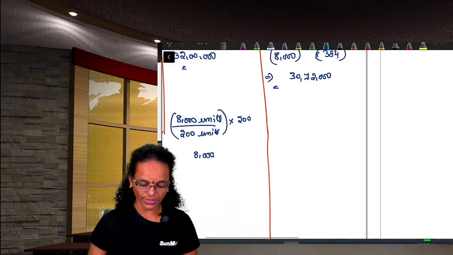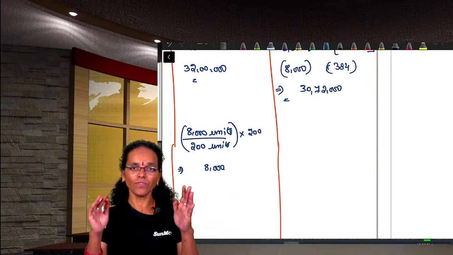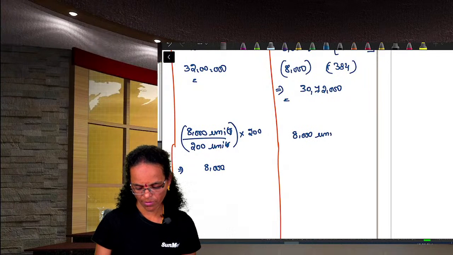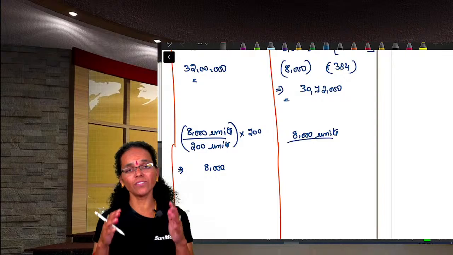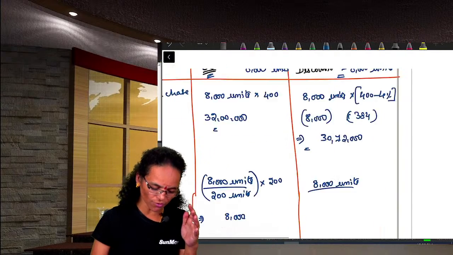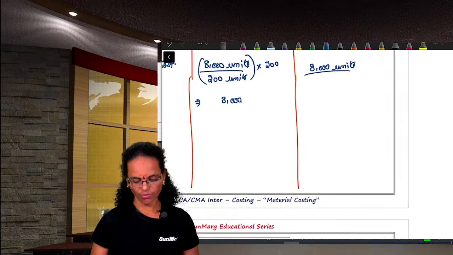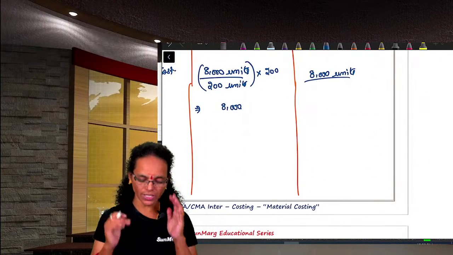Come to discount factor. Here also we required 8,000 units only. But vendor's condition is we need to purchase in a lot of 4,000 units in a single go. So we are placing a request for 4,000 units in a single go.